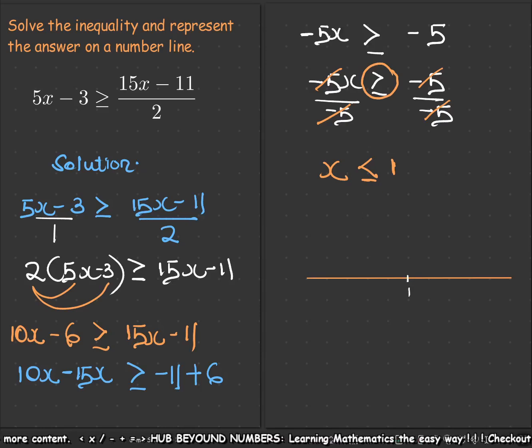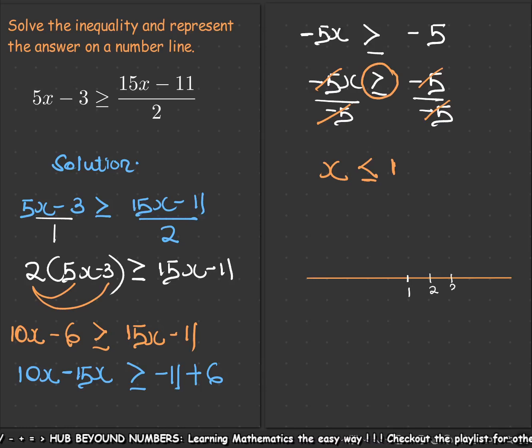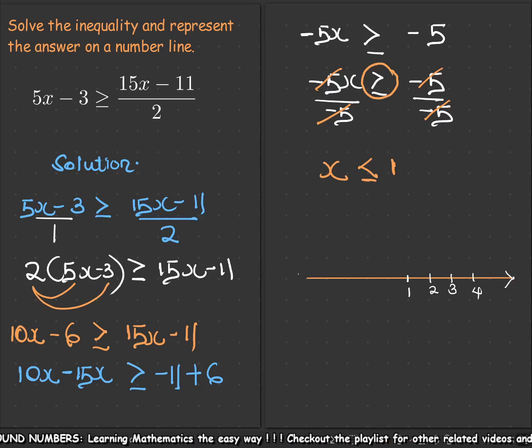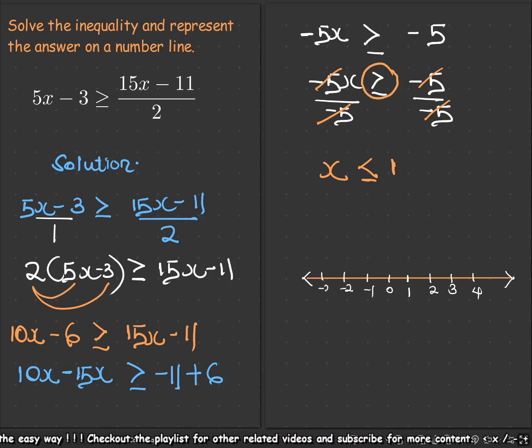Then at this side, I'll put 2, 3, 4, and so on. Then at the left hand side, I'm going to put 0, then negative 1, negative 2, and negative 3.